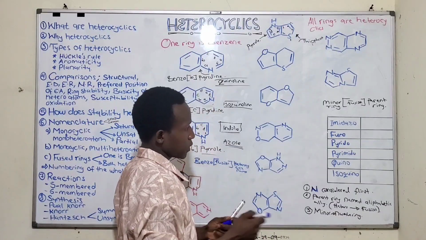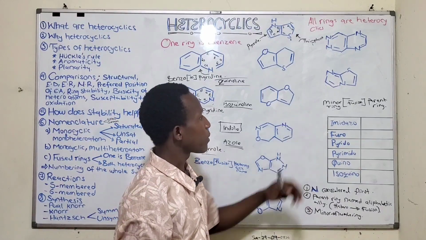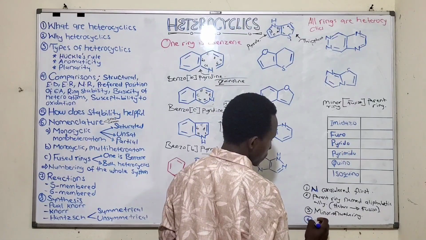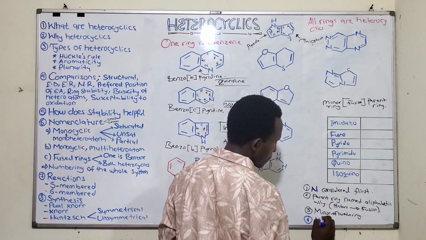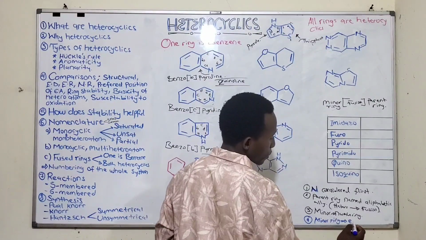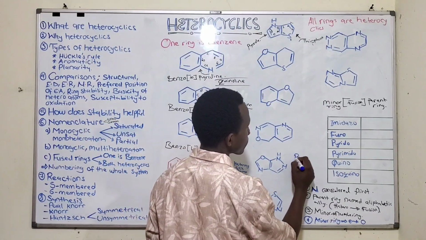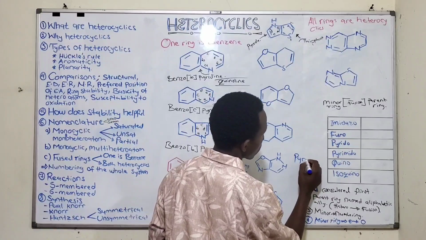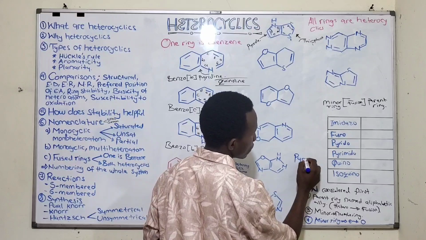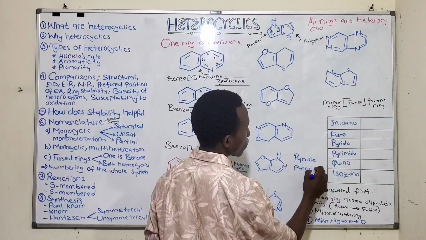But if the name for the minor ring ends with E, we change this E to O. For example, if you have pyrrole, we shall name it pyrrolo.